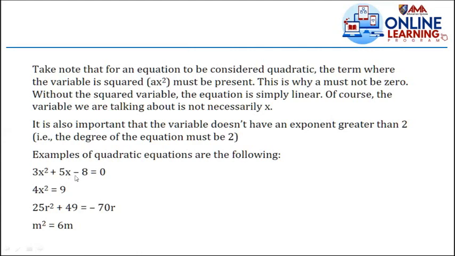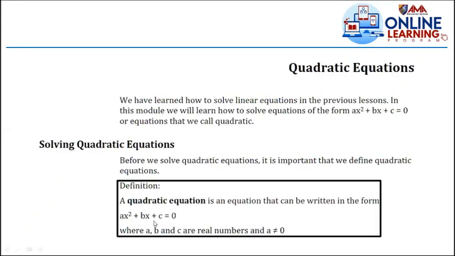3x squared plus 5x minus 8 is equal to 0. 4x squared is equal to 9. 25r squared plus 49 is equal to negative 70r. m squared is equal to 6m. So we're going to look at our equations, no? Meron tayong second degree equations. Although we cannot comply with bx plus constant, at least present po ito lagi, yung x squared.